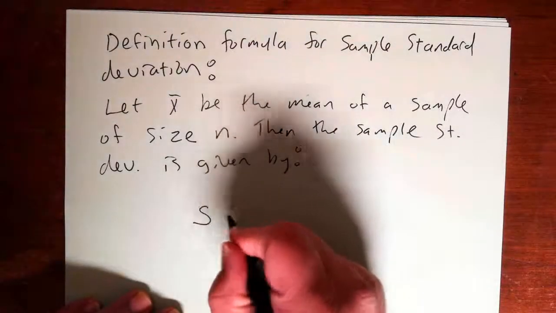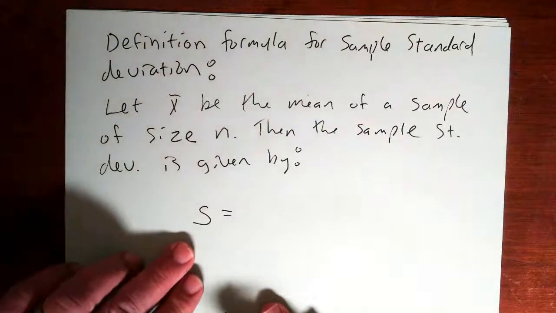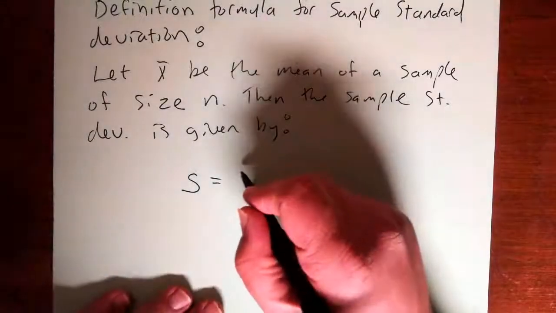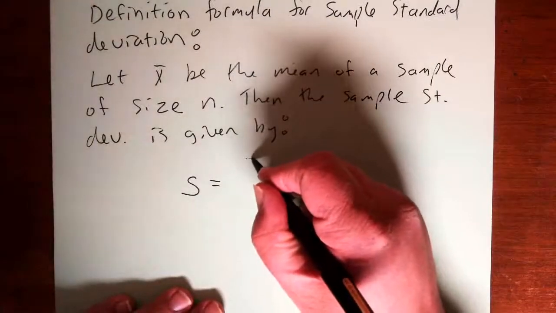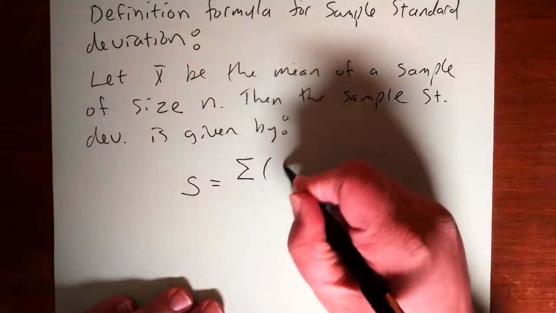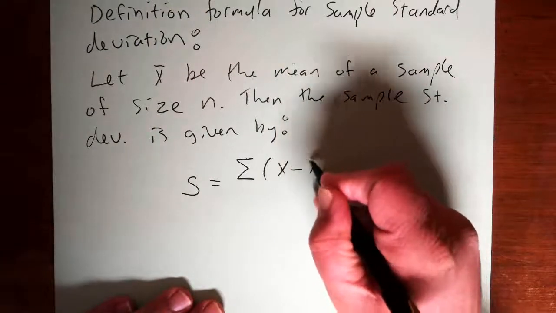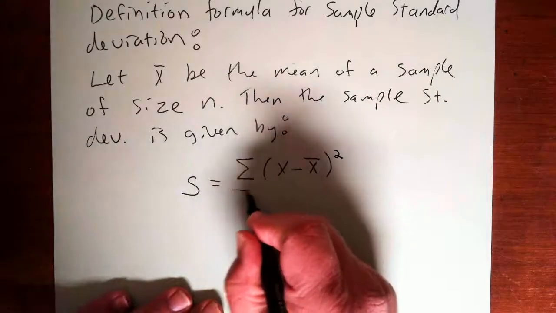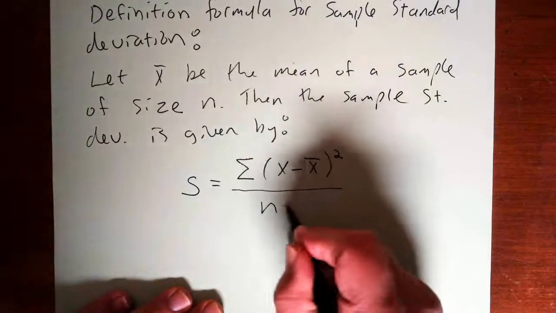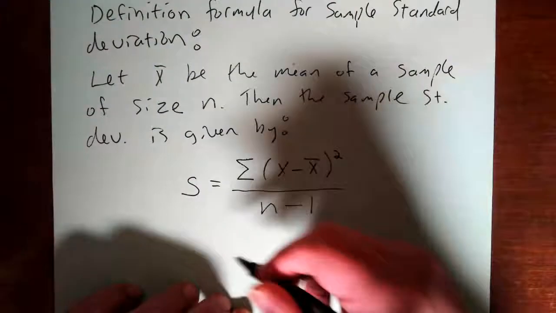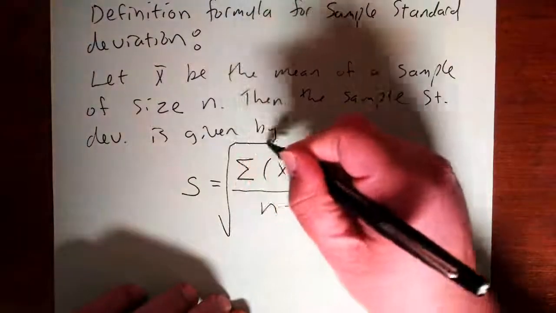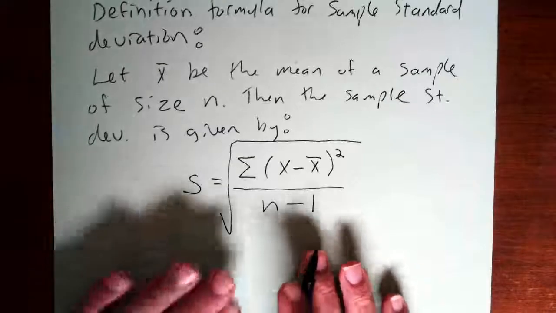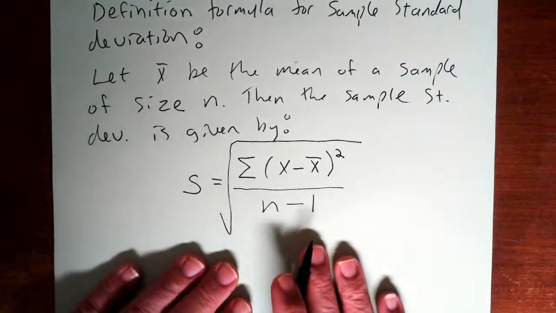We're going to use S. S denotes the sample standard deviation. So S for sample standard deviation. And it's going to be the sum of x minus x bar, that quantity squared, all divided by n minus 1. And then we're going to take the square root of that, just like that. And this is the formula for sample standard deviation.